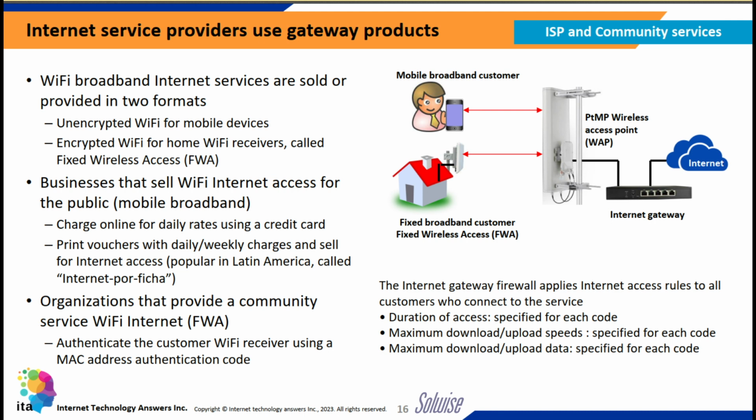It's very common to have a rural area where there's absolutely no type of internet service. And so entrepreneurs set up wireless systems, and this can be either point to multi-point to a mobile device, or it can be a fixed broadband to an antenna placed on a home.